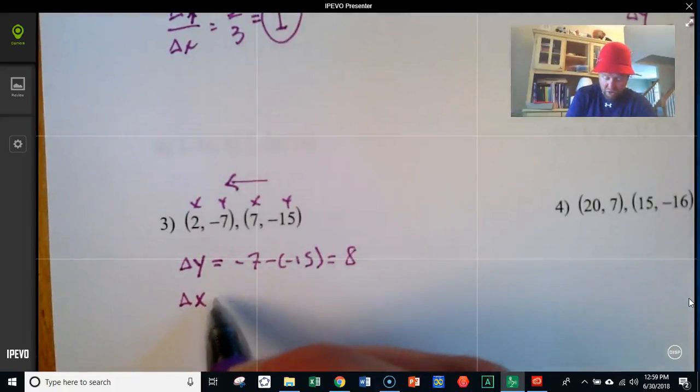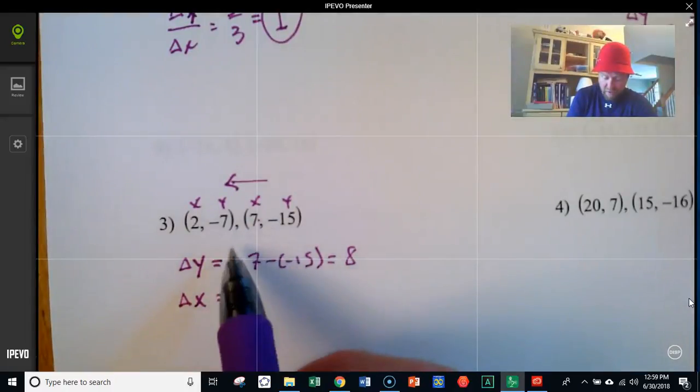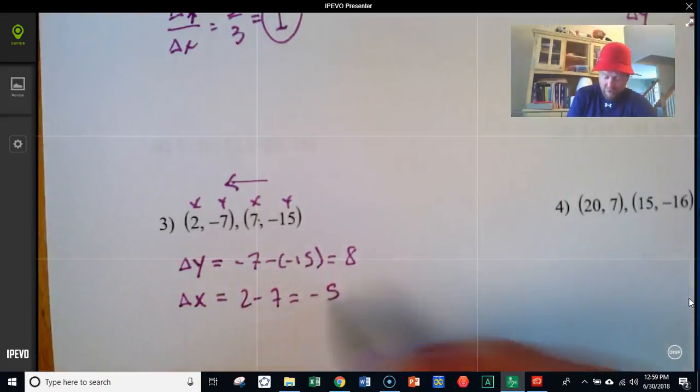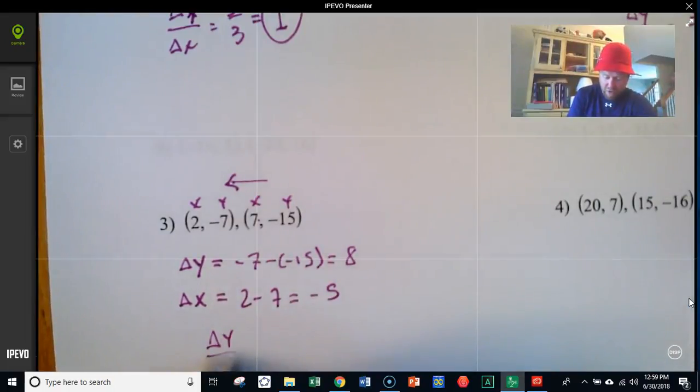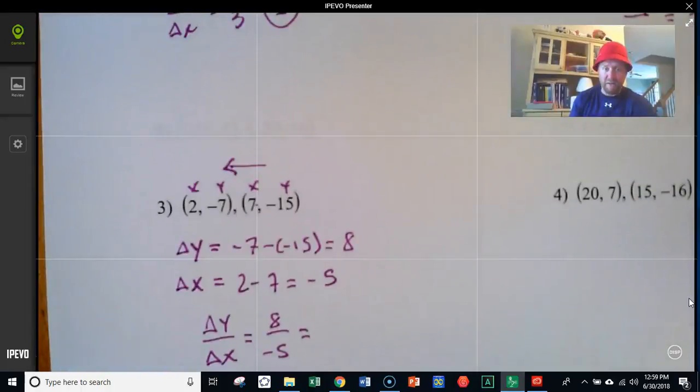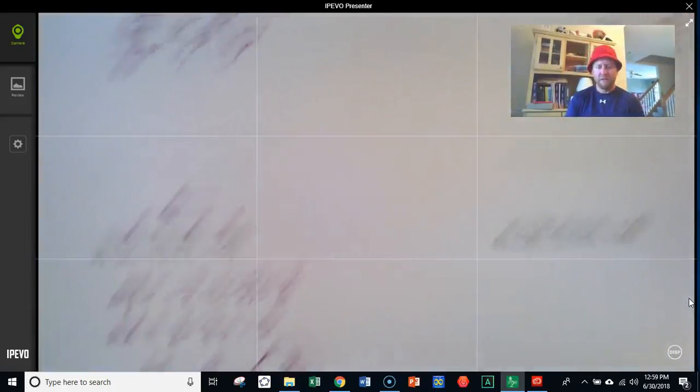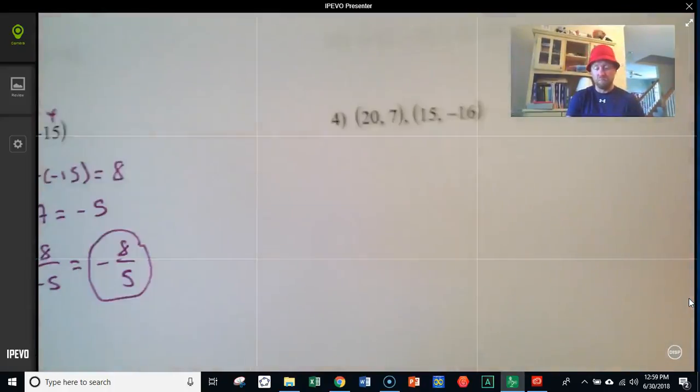And our change in x is, let's see, 2 minus 7, which is negative 5. So our change in y over our change in x is 8 over negative 5. We don't like to keep that negative down there in the denominator, so we're just going to make it negative 8/5.